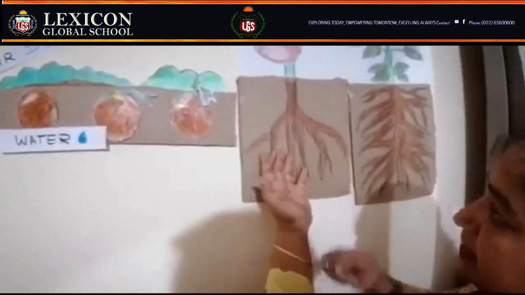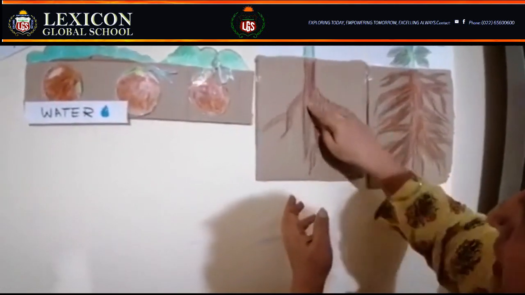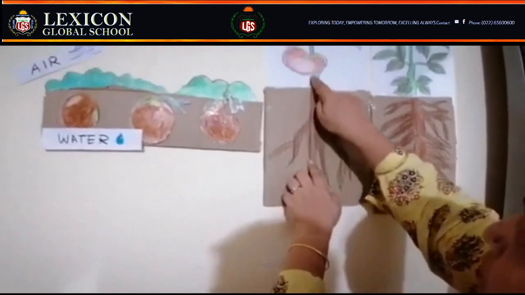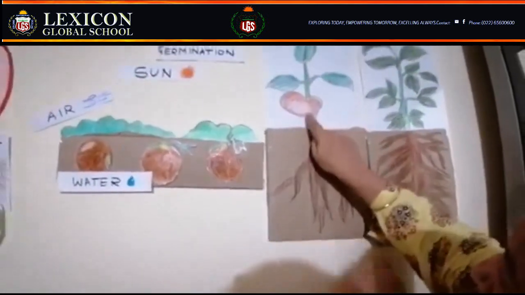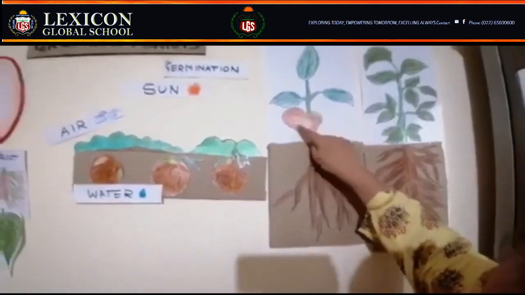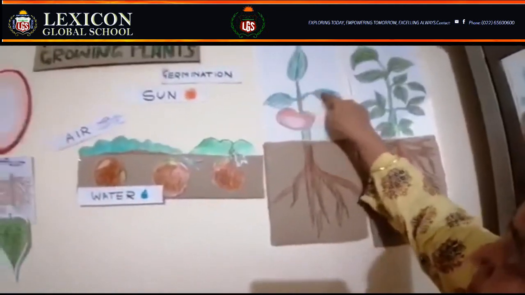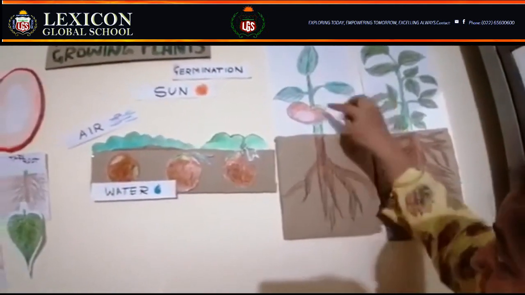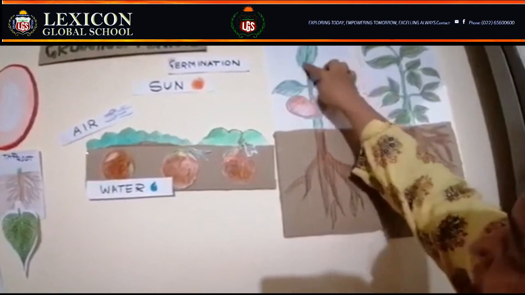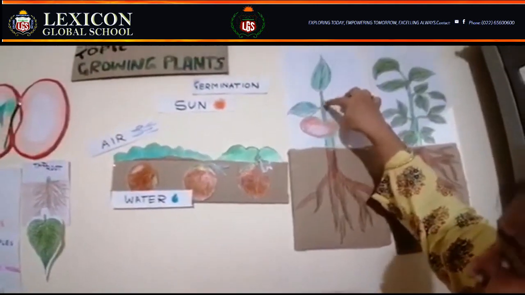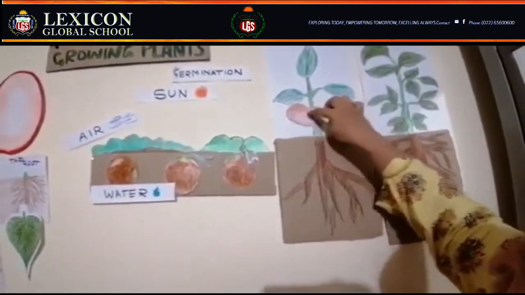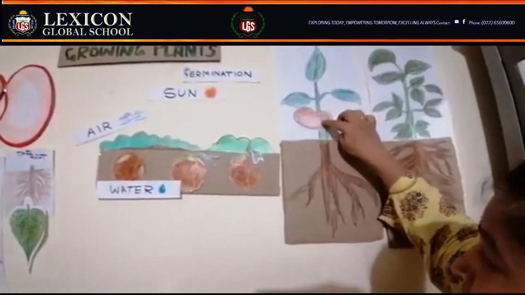Slowly, you see that the root is growing down and the shoot is growing up. Here you can see a cotyledon, and the leaves are also there. But these leaves are not so much capable of making food. So that's why the cotyledon is still there.